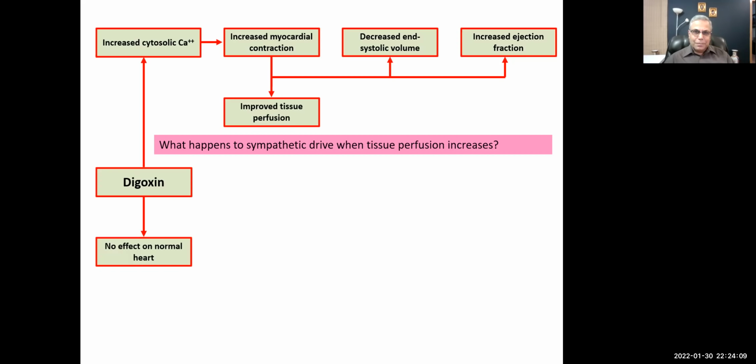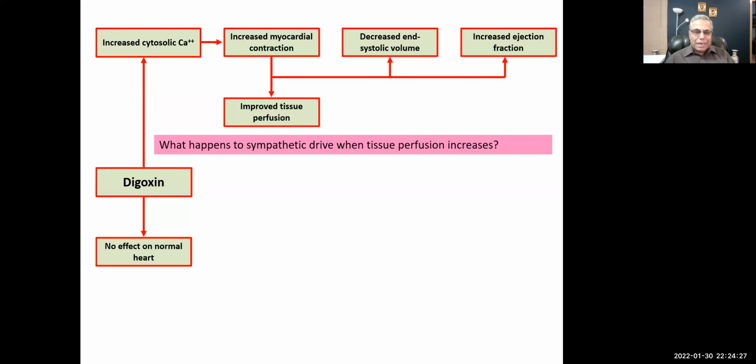All right. And the next question is that what happens to sympathetic drive when tissue perfusion increases? Will there be a greater stimulation of sympathetic nervous system, or will there be reduced stimulation of sympathetic nervous system? Oh, yes, that is good. It will be reduced because the sympathetic drive increases when the tissues are not getting enough blood, right?